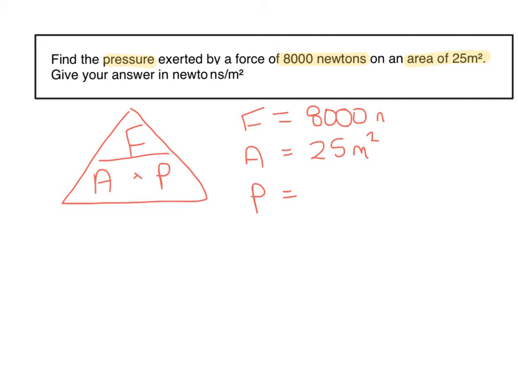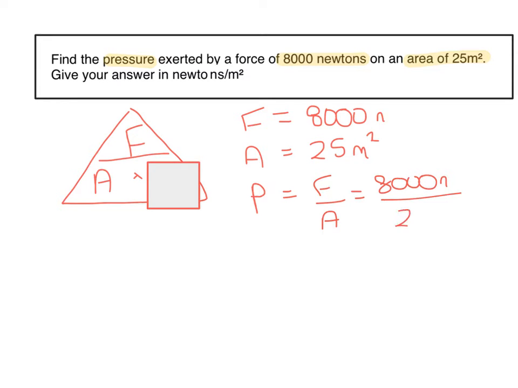Now to find the pressure, I need to look at my triangle and cover up the P, because that's what I'm looking for. So I'm going to be doing F divided by A. F is 8,000 newtons. A is 25 metres squared.